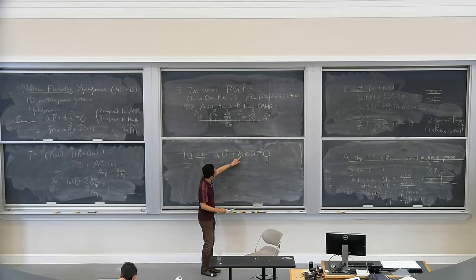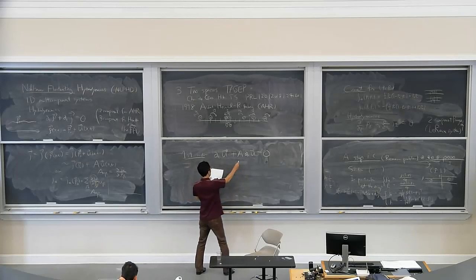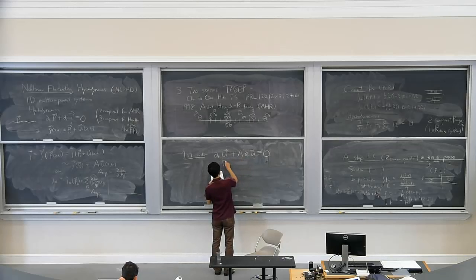So all we have to do is to try to diagonalize this matrix A. And yeah, this is what we do. In general, this can be diagonalized by some matrix.